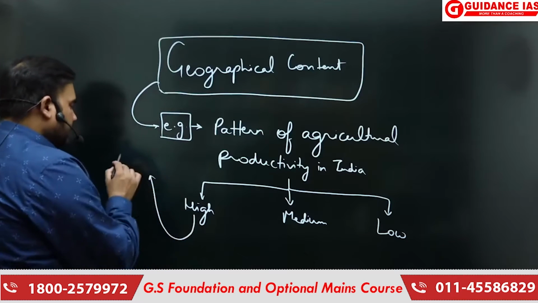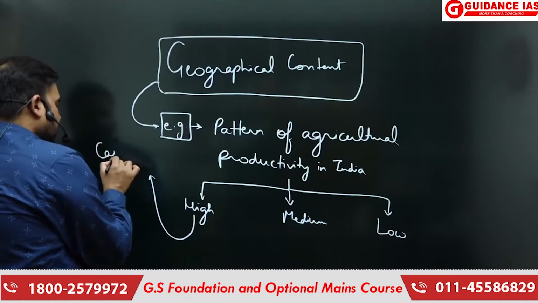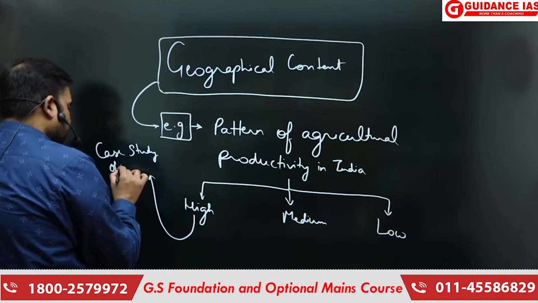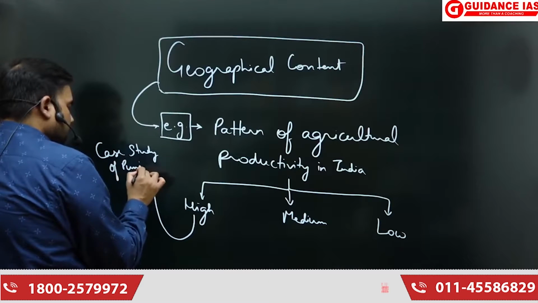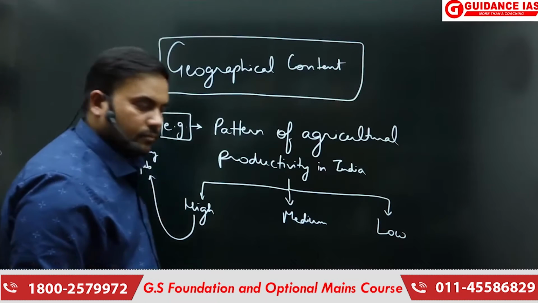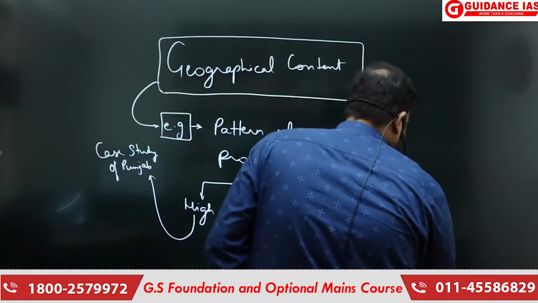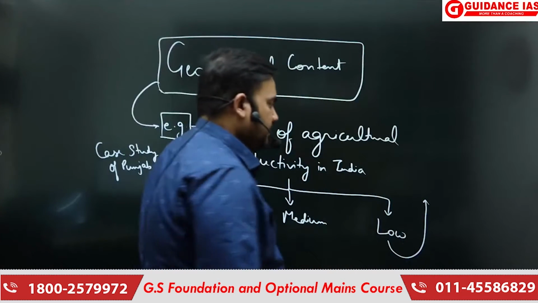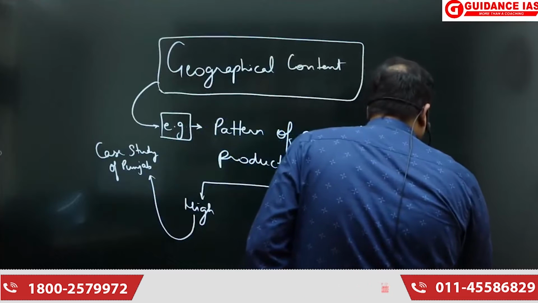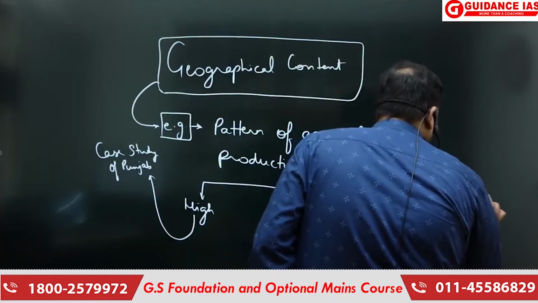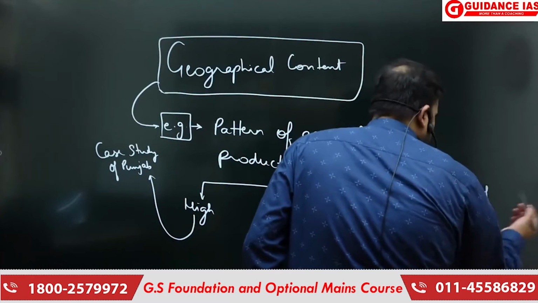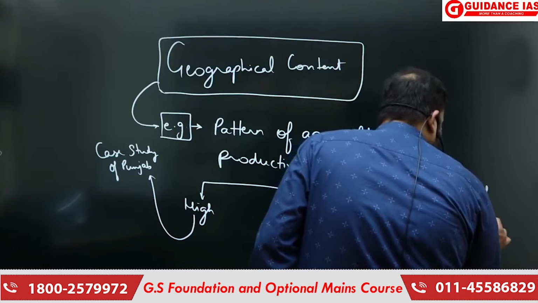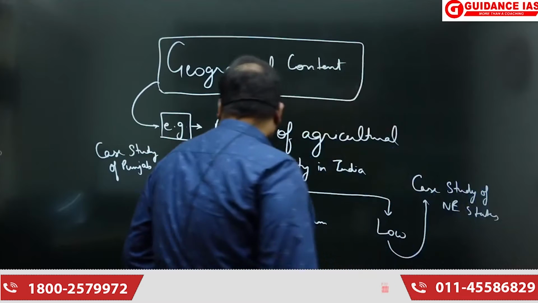So for example, can I say case study of Punjab? Can we say, when I am talking about low, case study of any states like northeastern states को किसी को ले लिया? So anything like that.